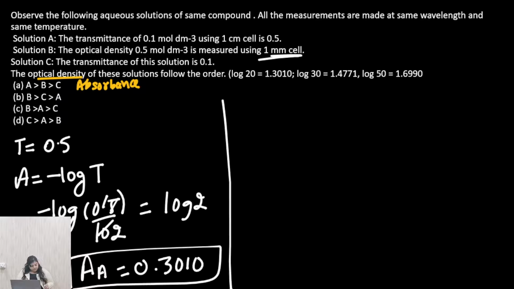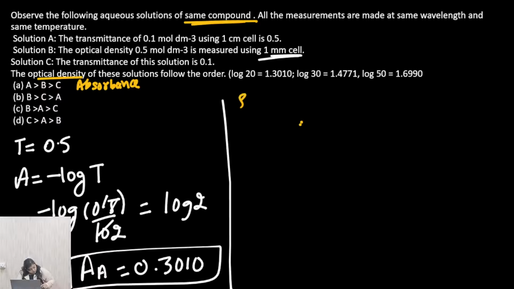You can see that in solution A, where you got the absorbance this much, the cell we were using was of 1 centimeter length. Now the same system we are using, so that means solution B's optical density would have been measured using the same apparatus only, right? So the system used will be the same, and it is also given that these measurements are for the same compound.